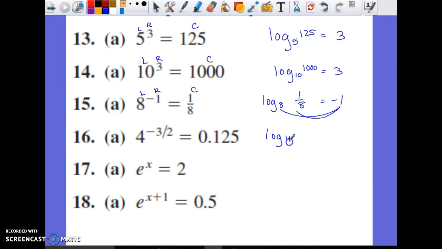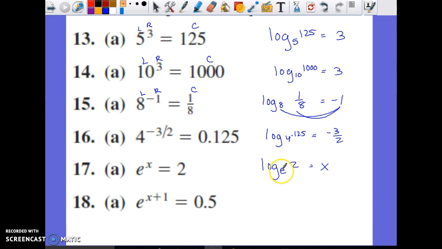Log base 4. All right, we'll do some e, so log base e, to the right equals center. Now you could write that as ln, and that would really be the proper thing to do.